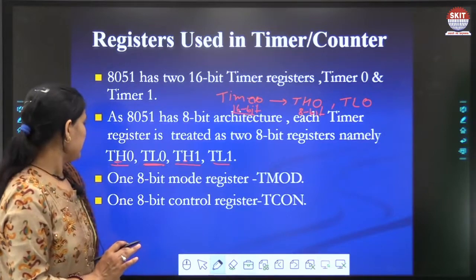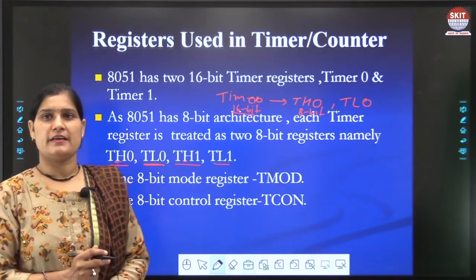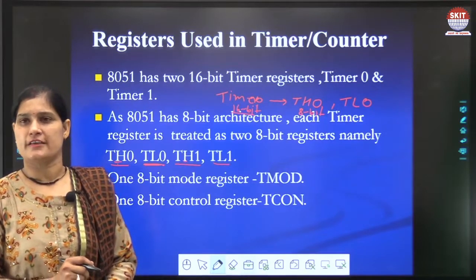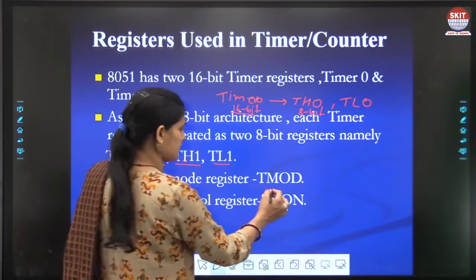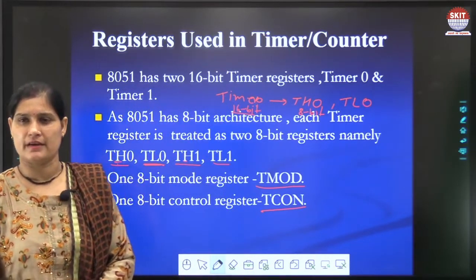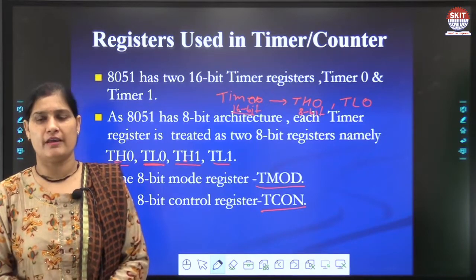And there is one 8-bit timer mode register, TMOD, and one 8-bit timer control register, TCON. These are the two registers associated with the timers and counters of the 8051 microcontroller.